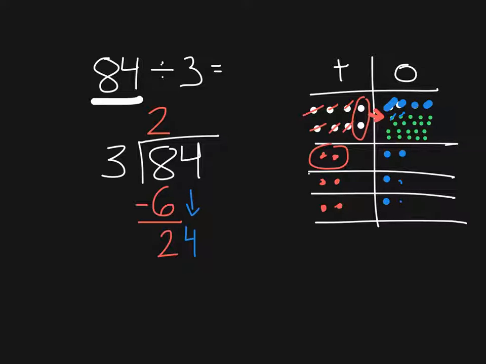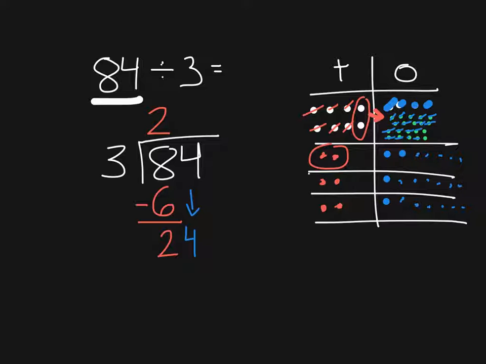It's easier, I can do this in my mind, asking myself, 24, or 3 times what number gets me close to 24? And as I continue to distribute these ones, we're going to see that it ends up being 8 ones in each column.